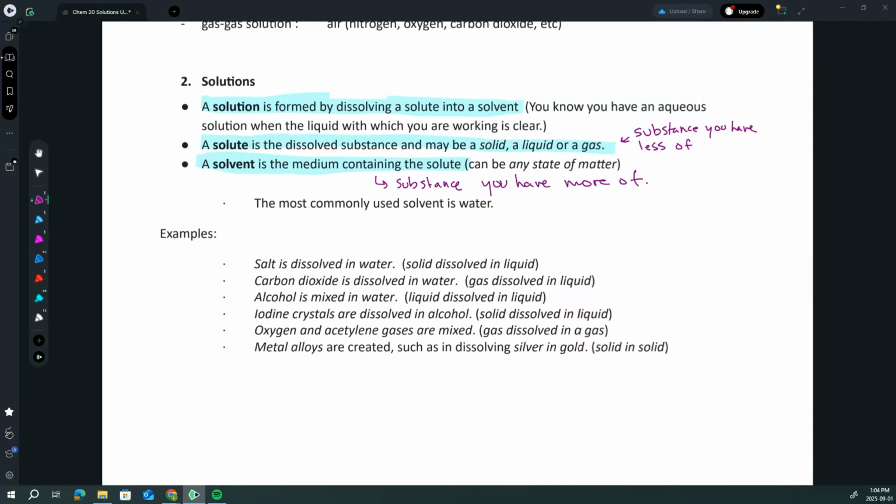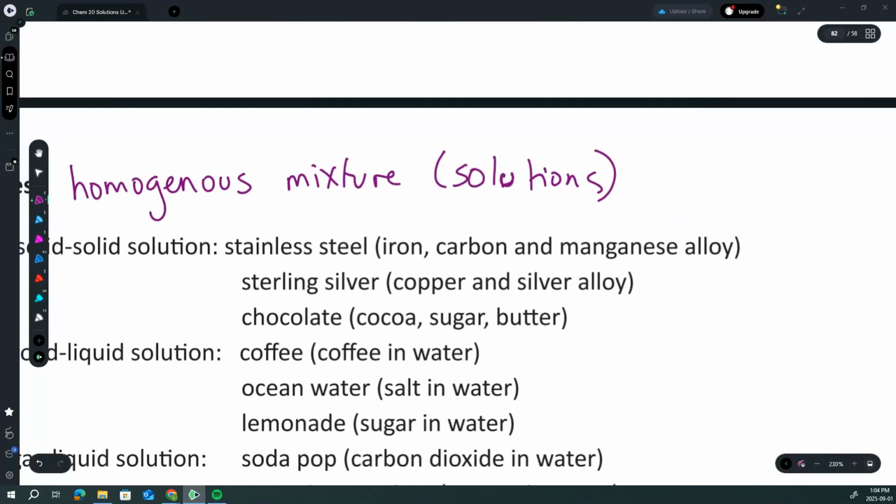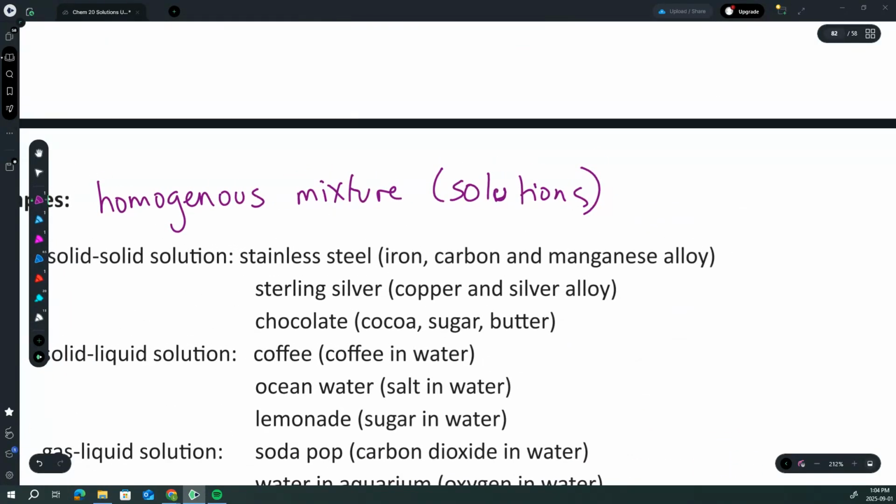So if we're talking about metal alloys, like stainless steel, our solvent is not water. So when the solutes for making stainless steel are dissolving in the solvent, we would call that solvation.